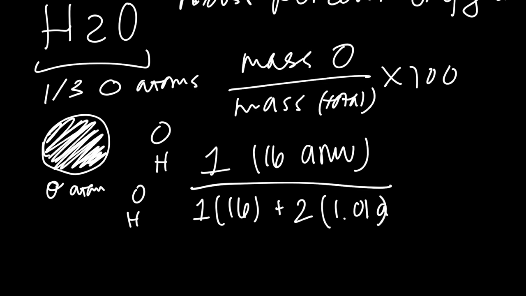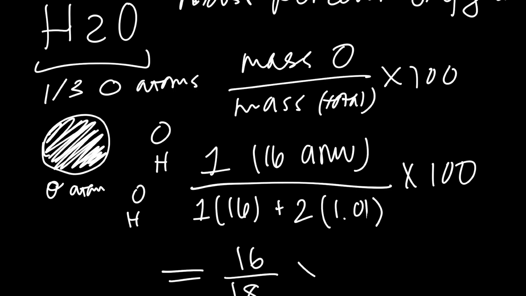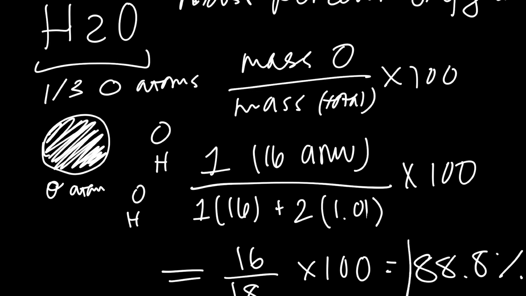And I don't really need to include the A in there. Multiply it by 100 to get the percent. You get 16 over 18 times 100, and that comes out to 88.8%. And voila, we have our mass percent oxygen for water.